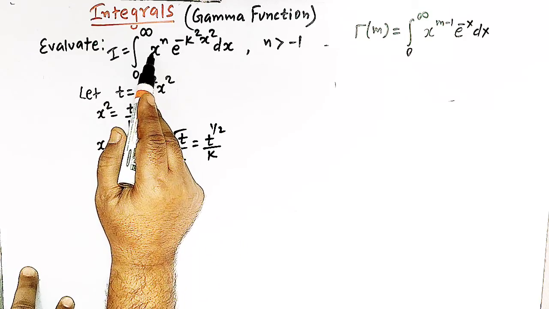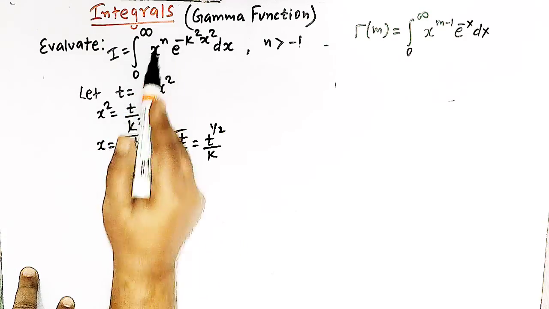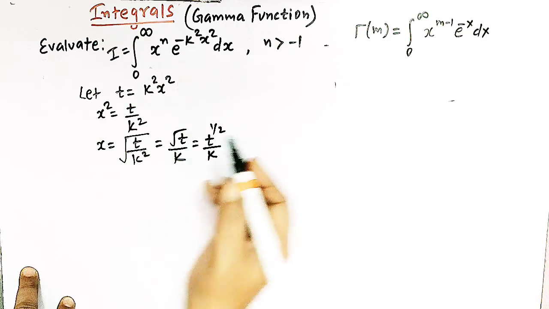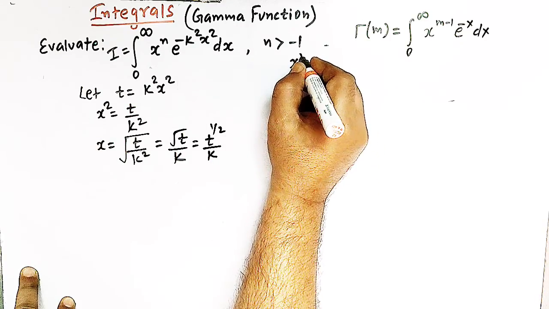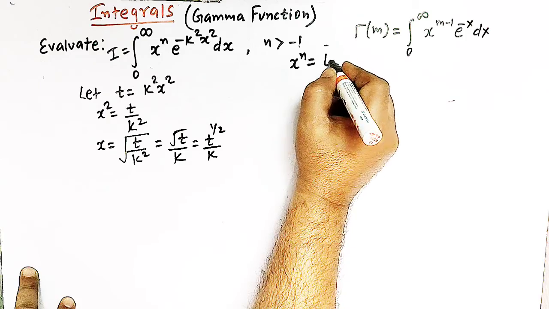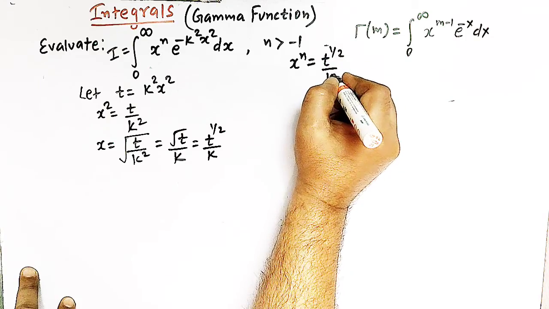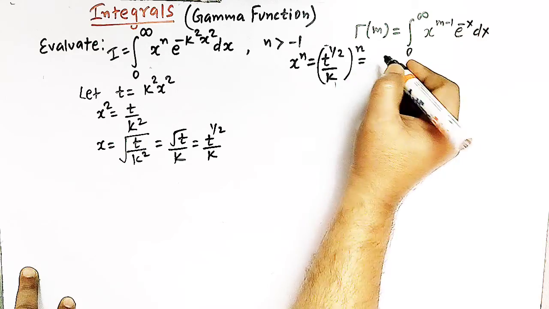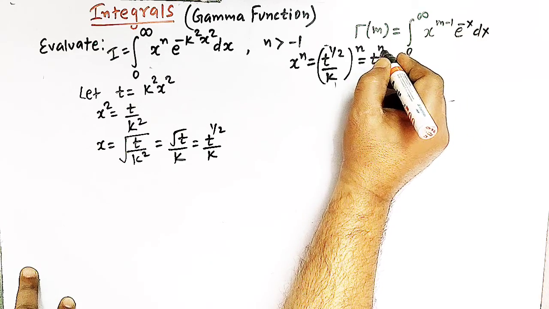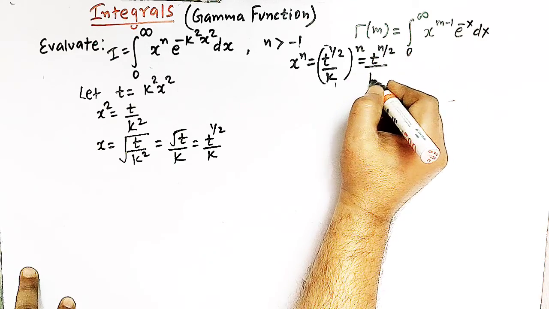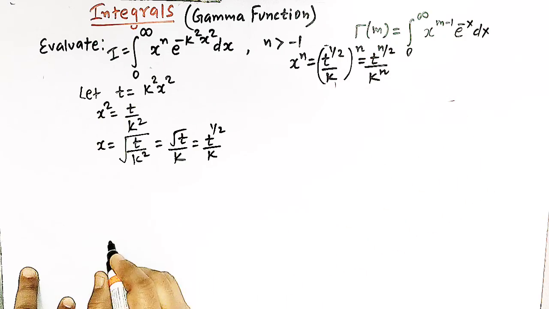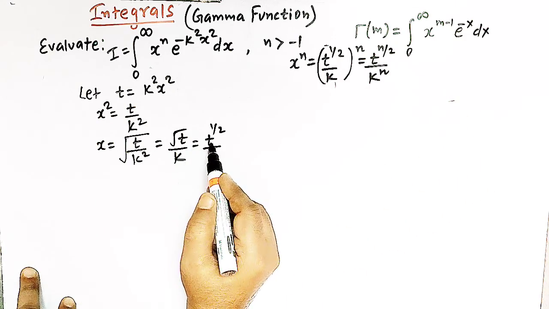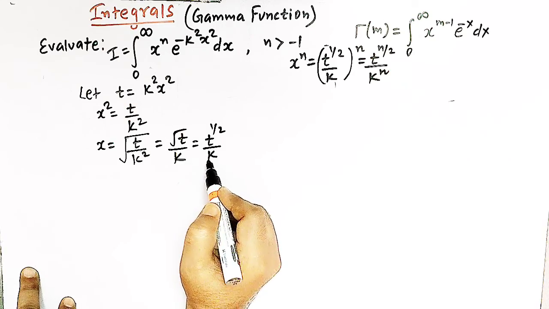And here we have x raised to n. So if we take the nth power of x, then we can write x raised to n as t raised to half over k, all raised to n, that is t raised to n over 2 over k raised to n, right?